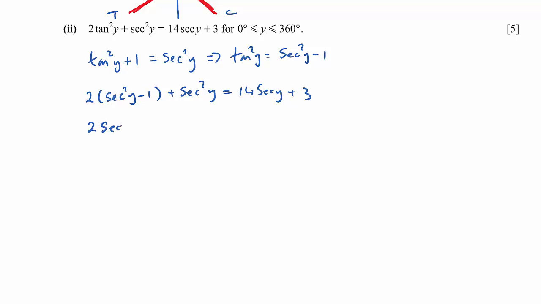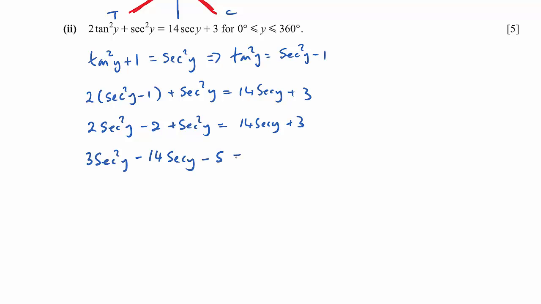So that's 2 sec squared y take away 2 plus sec squared y is equal to 14 sec y plus 3. So 3 sec squared y take away 14 sec y take away 5 is equal to 0.